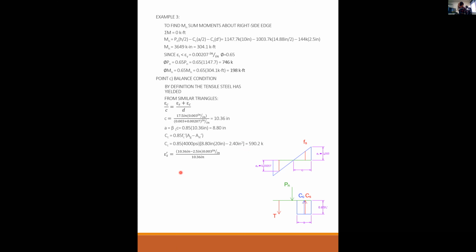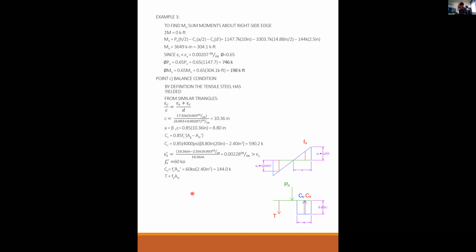Epsilon prime s, using similar triangles again, is (c minus d prime) times 0.003 over c, which is 0.00228, greater than the yield. So f prime s is 60 ksi again. So C_s is equal to f prime s times Ast prime: 60 ksi times 2.4 square inches is 144 kips.